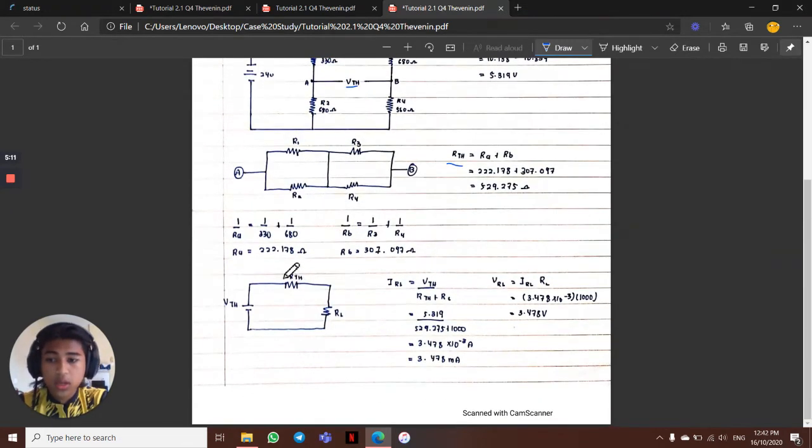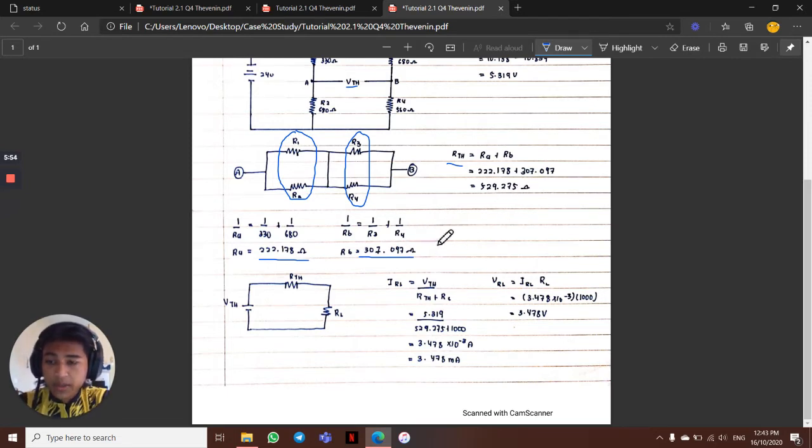So just use the common calculation to find RA, which is 1 divided by RA equals 1 divided by R1 plus 1 divided by R2, and then we will get RA, which is for the first parallel terminal, and RB for the second one, which is R3 and R4. Just insert the calculation and we will get RA is 222.178 ohm, and meanwhile RB is 307.097 ohm.